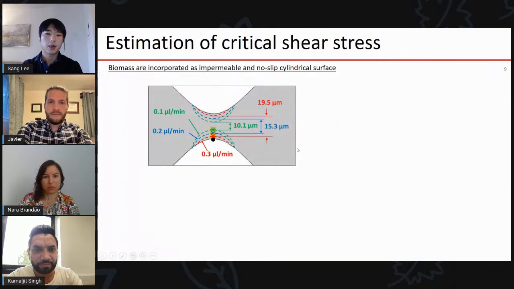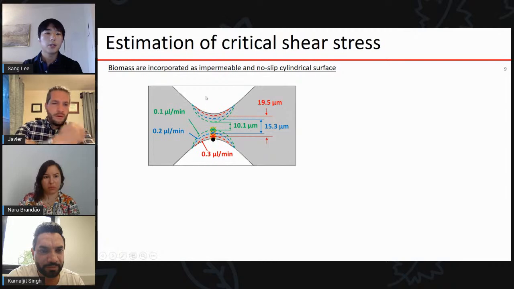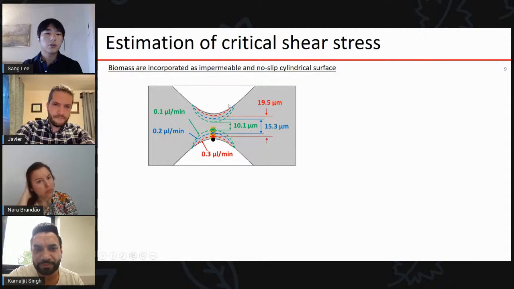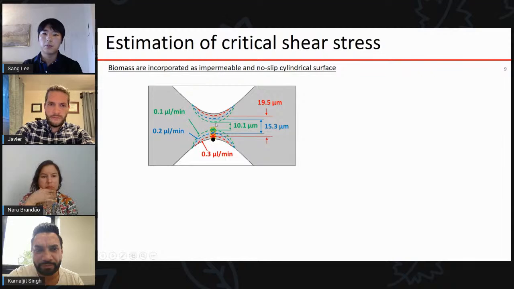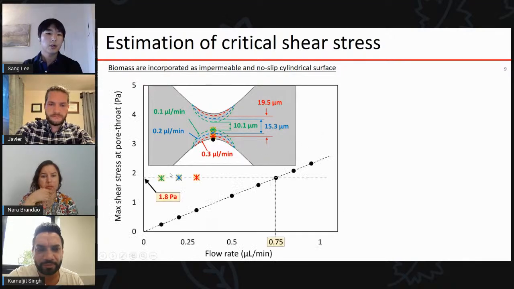We did that in COMSOL Multiphysics by incorporating the biomass as an impermeable and no-slip boundary cylindrical surface. And the degree of intrusion of the biomass was determined from the experimental data in the previous slide. So here is the result.